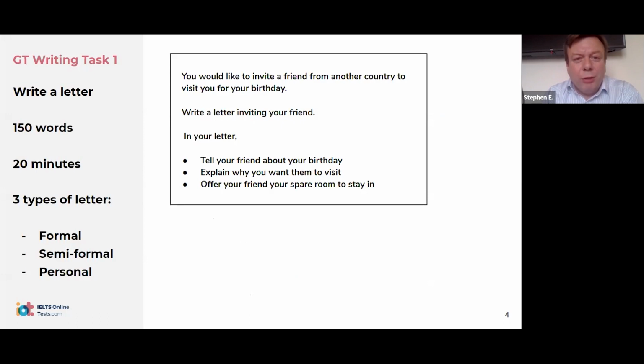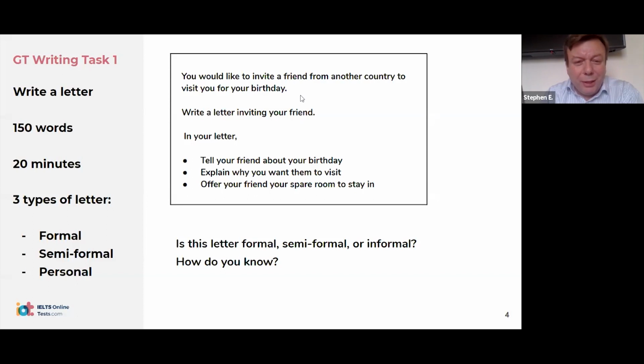Okay, so read the task prompt. I'm just going to give you a few seconds to read it, and then I'm going to ask you a question. Is this letter formal, semi-formal, or informal? Informal, semi-formal, informal, okay.